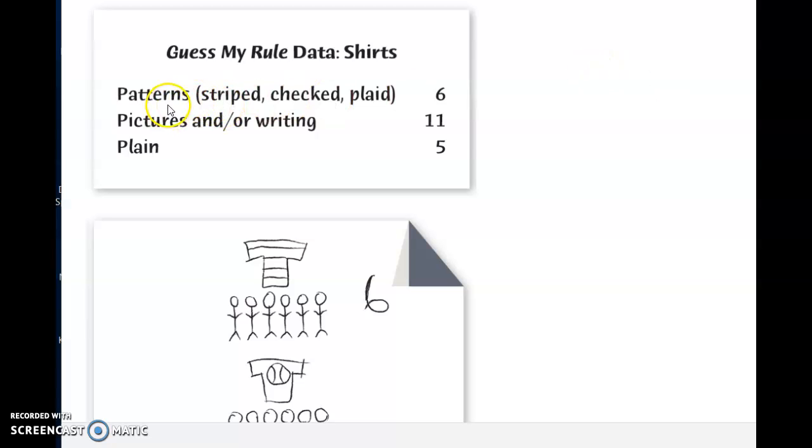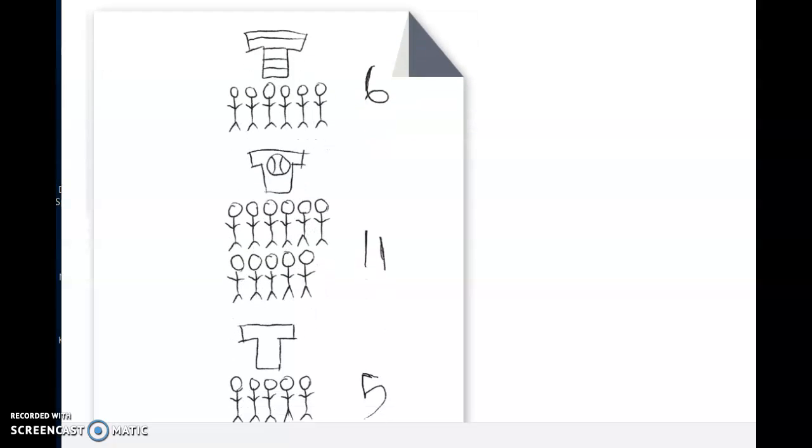We saw that 6 out of 22 had striped or patterned shirts, 11 out of 22 students had pictures and/or writing, and 5 students had plain. So let's look at one way that could have been represented in your drawing.